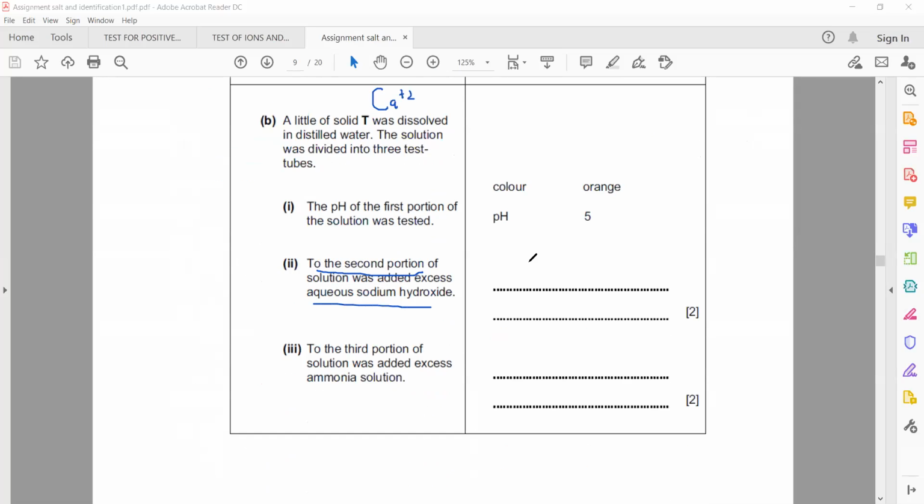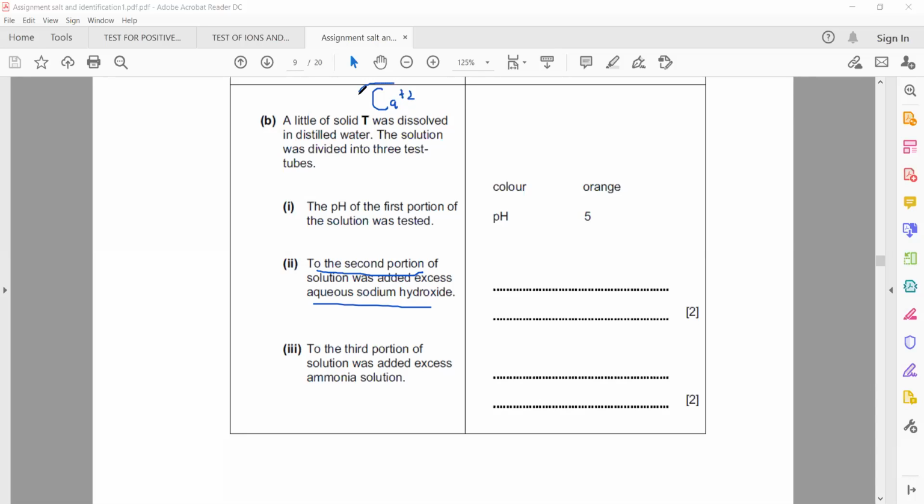What will we observe if we add too much sodium hydroxide? A white precipitate forms which doesn't dissolve in excess of sodium hydroxide. Yeah, so a white precipitate will form and it does not dissolve in excess of sodium hydroxide.